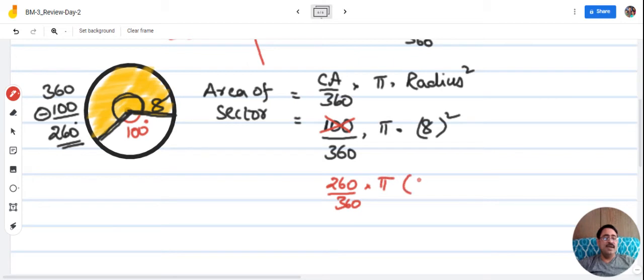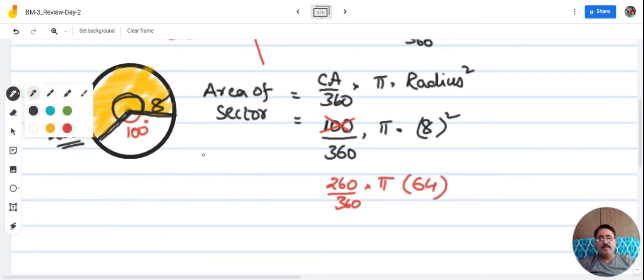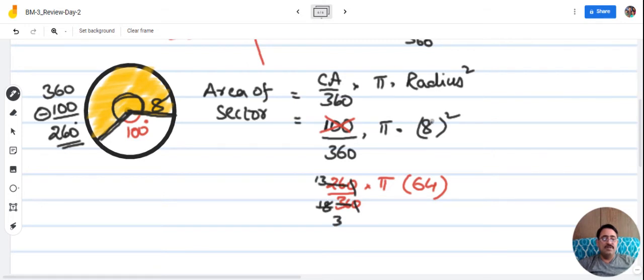Pi times 8 squared is 64. You may grab a calculator and check it. 260 over 360 reduces to 13 over 18. What is 13 times 64?